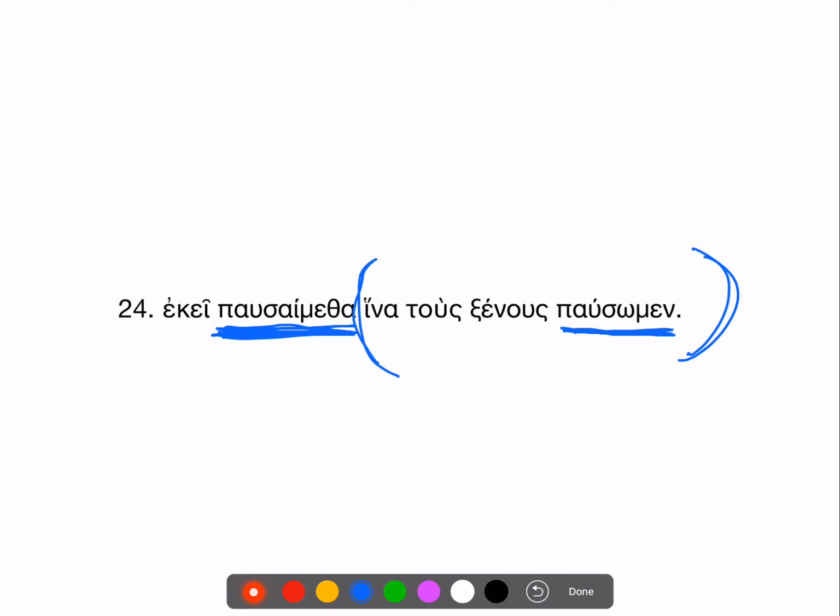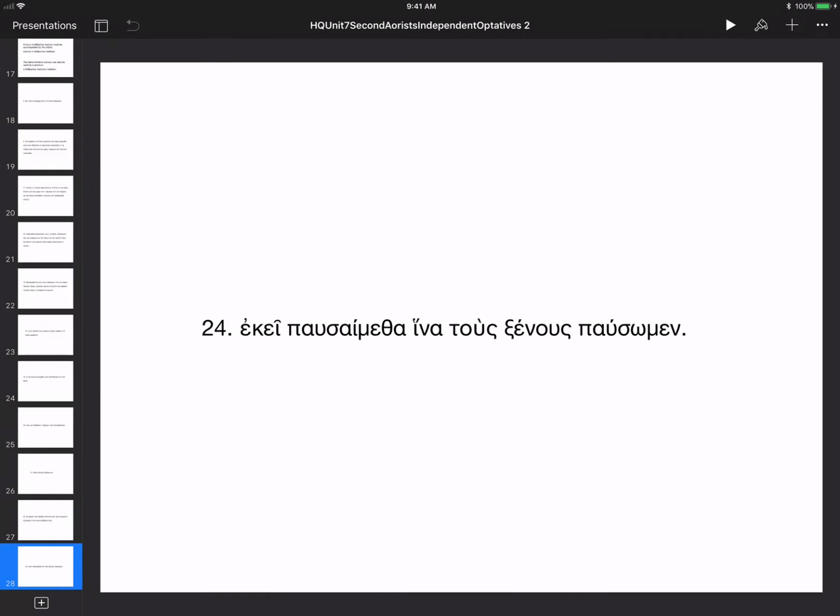I think it's got to be an optative of wish. So, may we stop ourselves there. May we cease there in order that we may stop, transitive now, tous xenous, the strangers. May we cease there, may we stop ourselves there in order that we may stop the strangers.